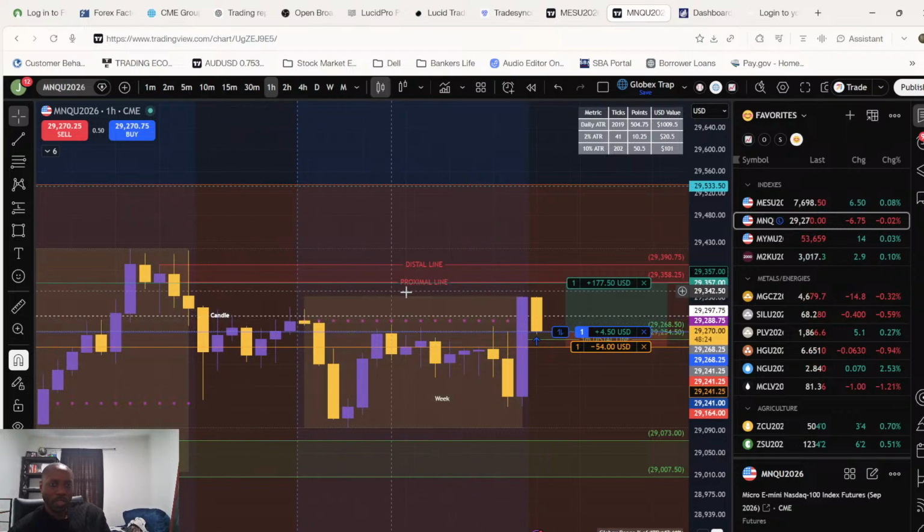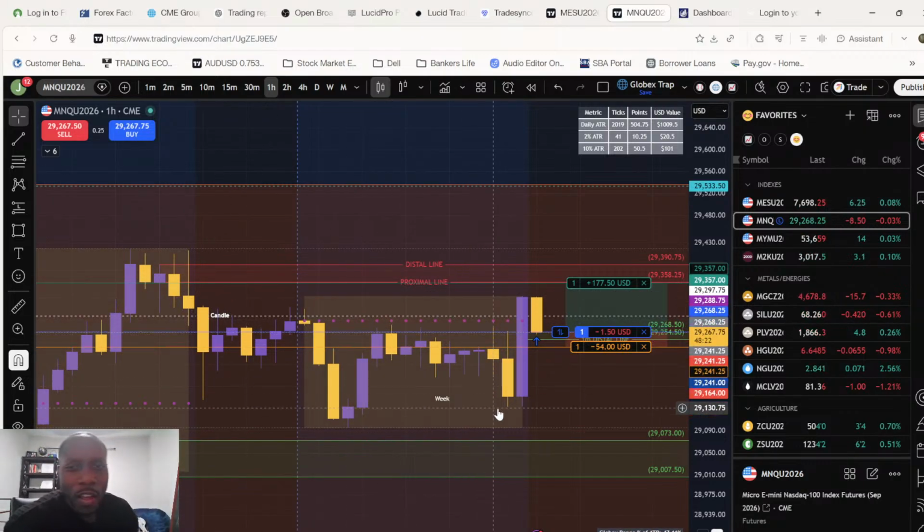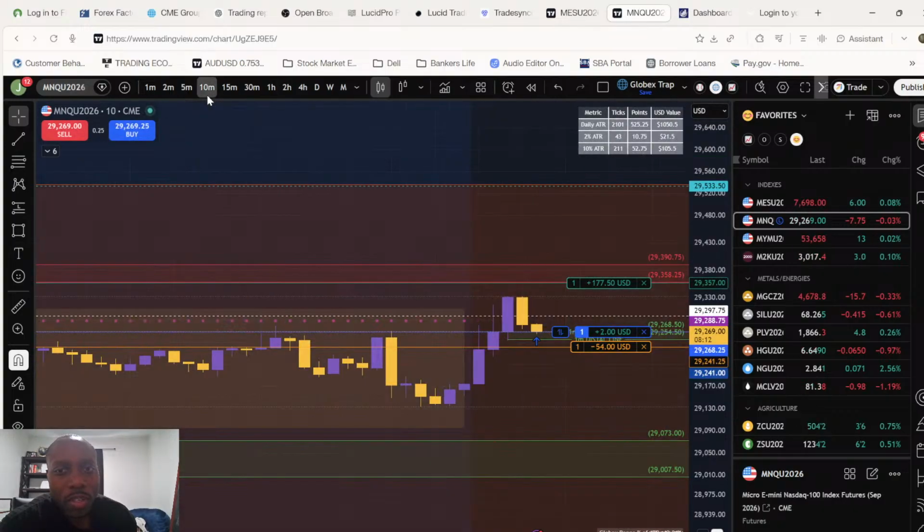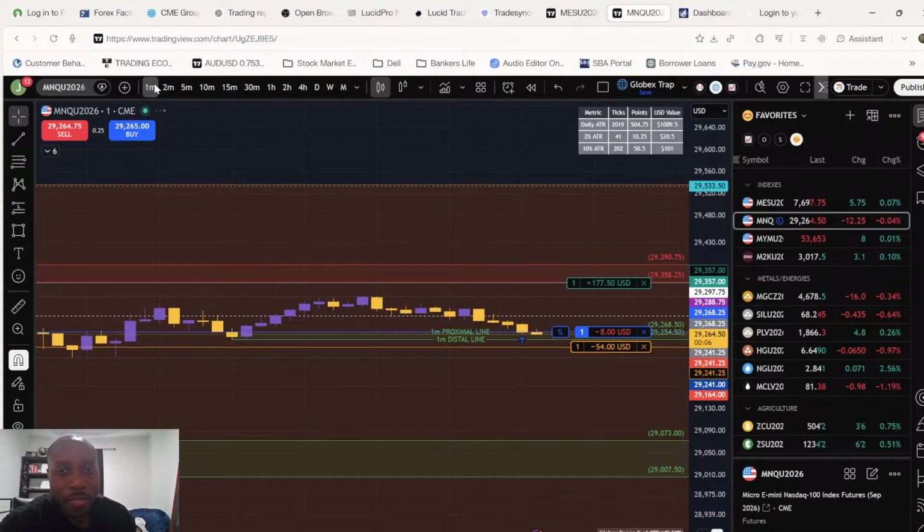Closed above all the previous candles that have been shown. Then from there, I dropped down to a smaller time frame. The 10 minute wasn't really showing me much. The 1 minute gave me a demand zone, and I entered on the demand zone, so that's why I got in this trade on the 1 minute.